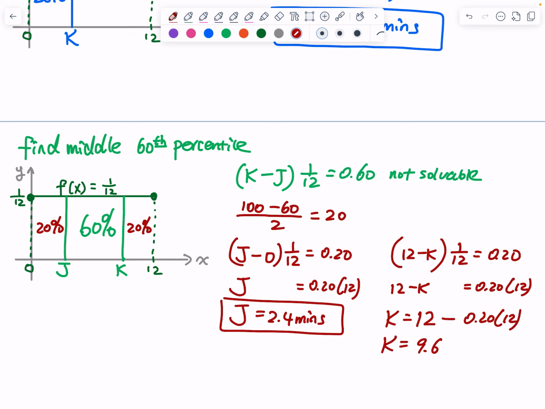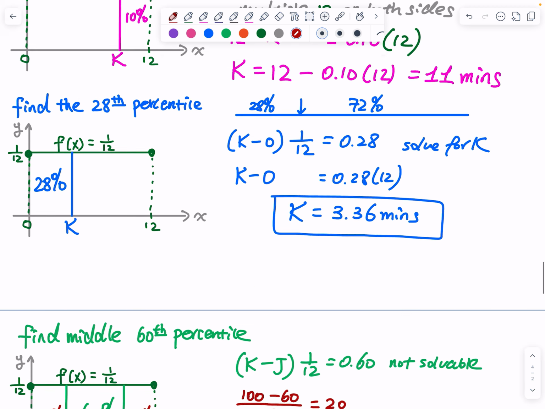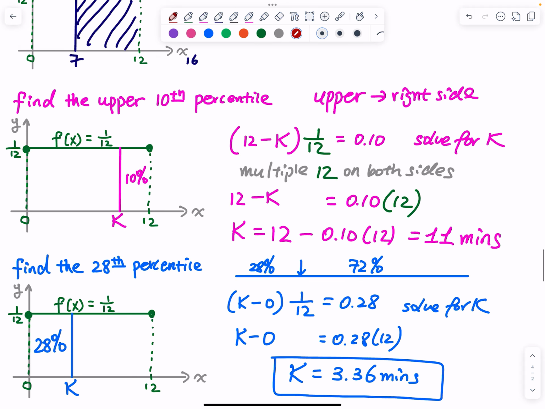K equals 9.6. The unit is in minutes. So if you wait from 2.4 and then stop at 9.6, the probability that you will see a bus arriving is 60%. Okay, so we handled the middle, the bottom, and then the top.